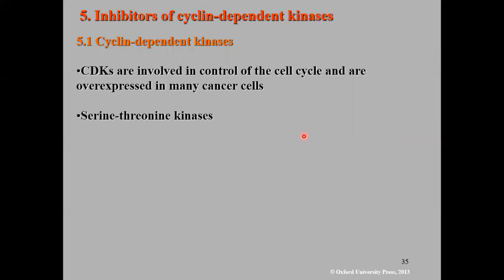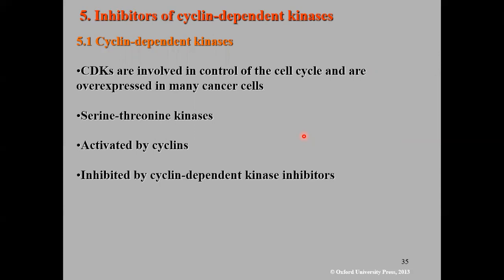The CDK is a serine threonine kinase. It's not a tyrosine kinase, it's a serine threonine kinase. It's activated by cyclin. That's why it is called cyclin-dependent kinase. It's inhibited by cyclin-dependent kinase inhibitors. Well, that's obvious, right?